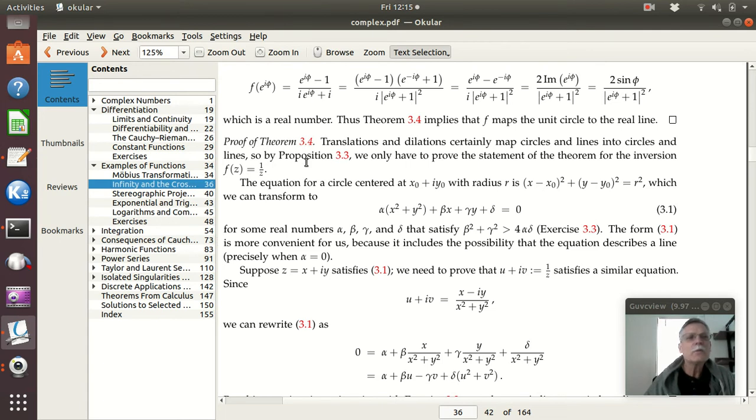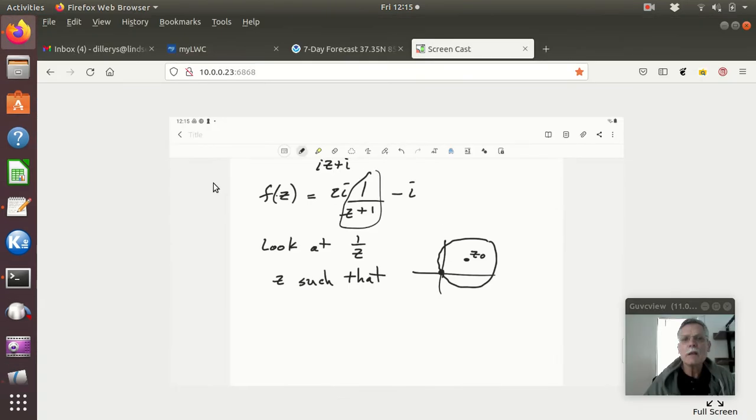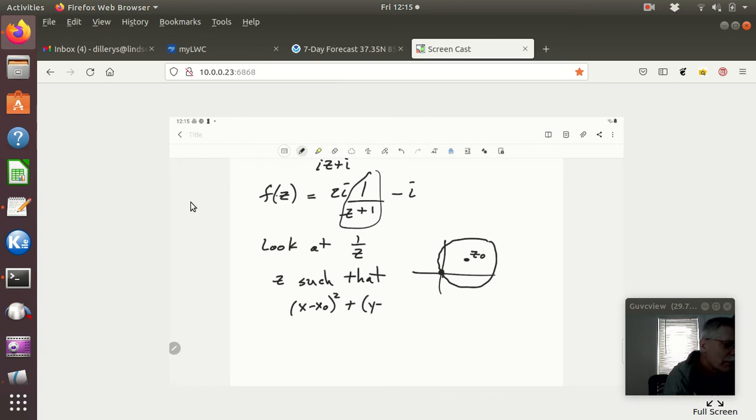Okay, so we'll do that, and we'll actually explicitly look at these constants, alpha, beta, gamma, and delta here. And so let's go back here. So I have that my z would be x minus x0 squared plus y minus y0 squared equals x0 squared plus y0 squared.